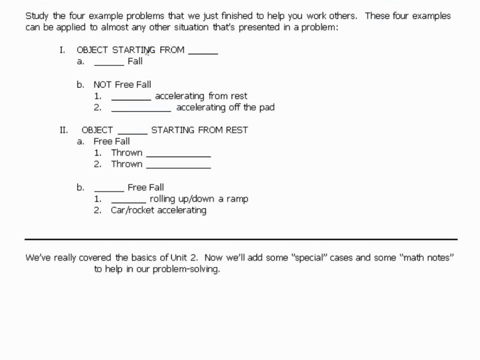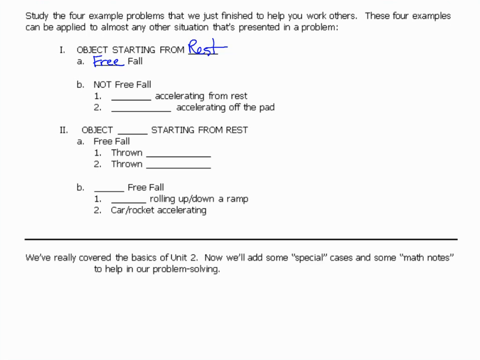So your first situation, an object starting from rest. The first situation of an object starting from rest was free fall, where we are talking about a dropped object. You can have acceleration from rest that is not free fall.